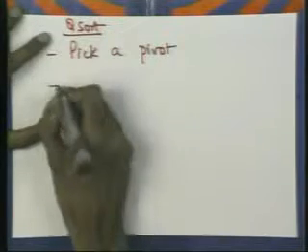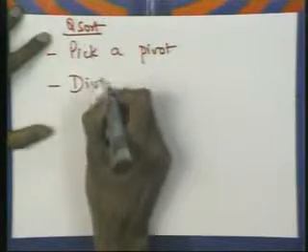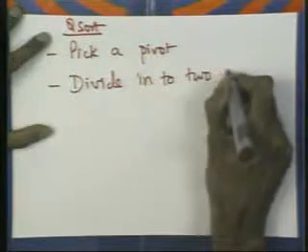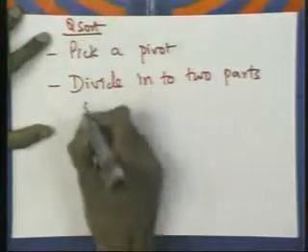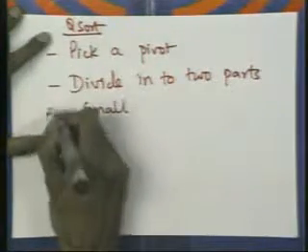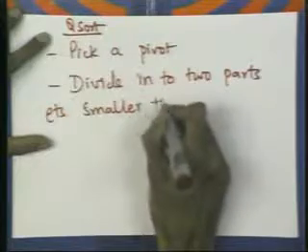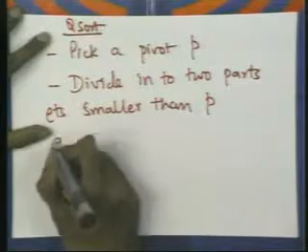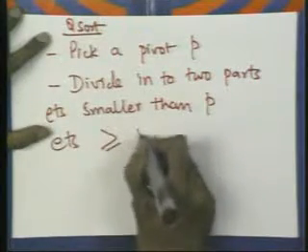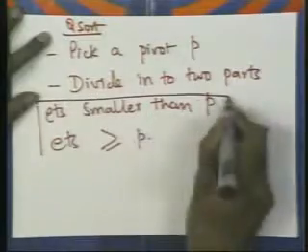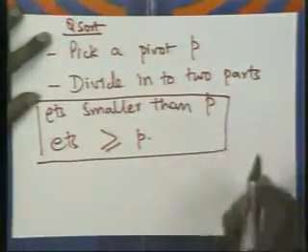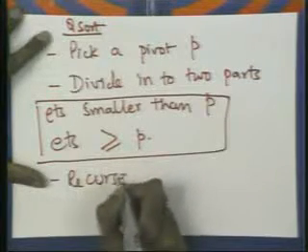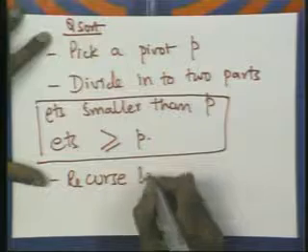Pick a pivot, divide into two parts: elements smaller than the pivot, let's call this pivot P, and elements greater than or equal to P. These are elements less than P and elements greater than or equal to P. These are the two parts. Recurse and put them together.